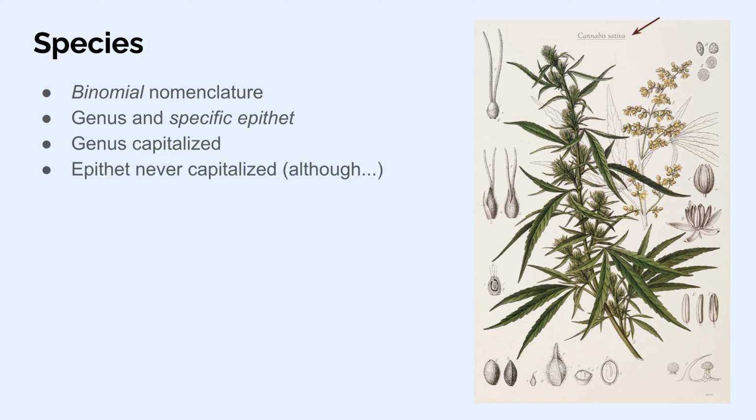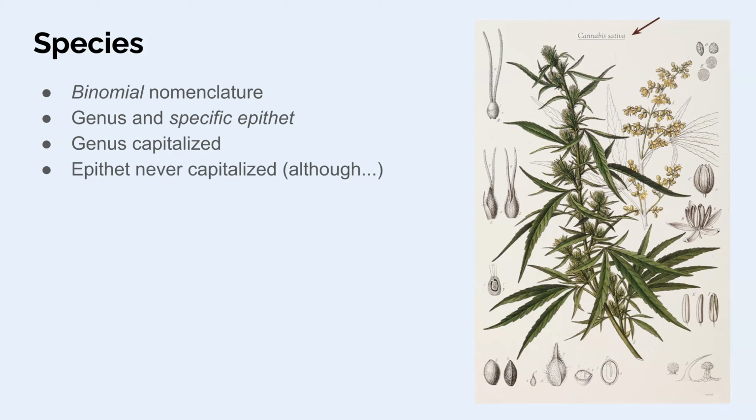The epithet is not capitalized, and I have this little bit here, although the tradition, we're looking at 300 years of tradition with naming plants, even in the Linnaean tradition. And before that, people had names for these, that the practice of capitalizing the genus and not capitalizing the specific epithet, that wasn't always practiced universally.